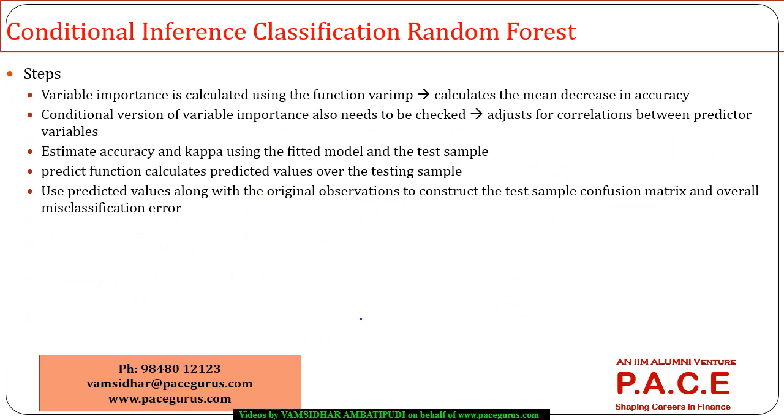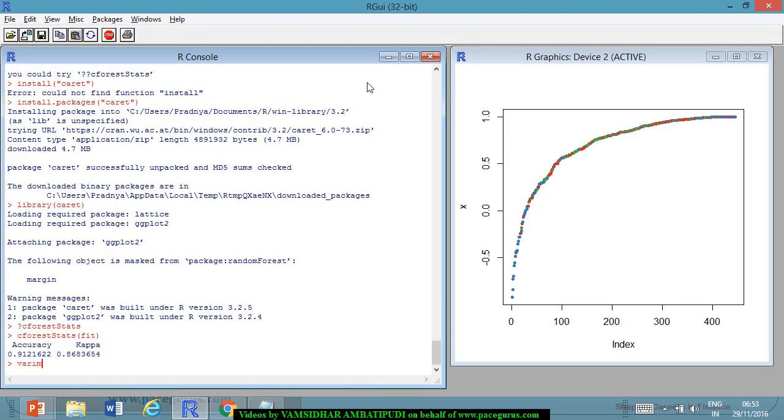Now once this is done, I can very well go ahead in terms of looking at the importance of each of the variables, right? That is what I can accomplish using the varImp function. So I can very well take varImp of fit.